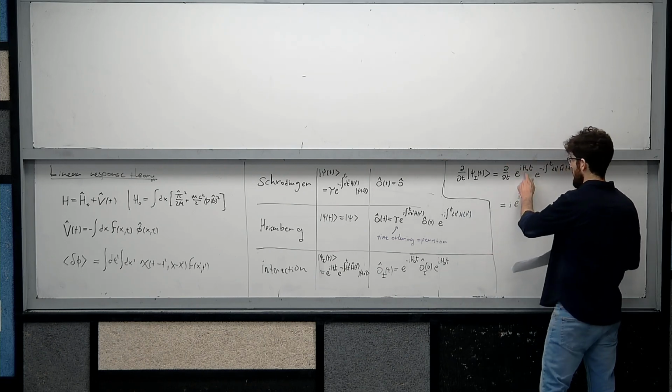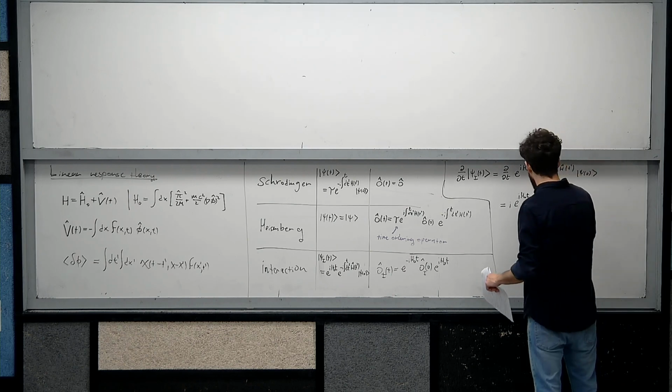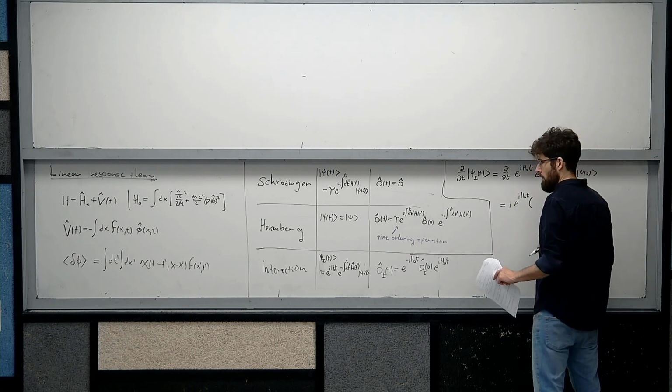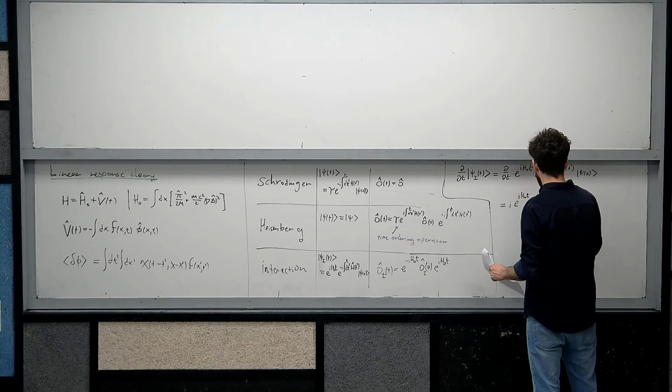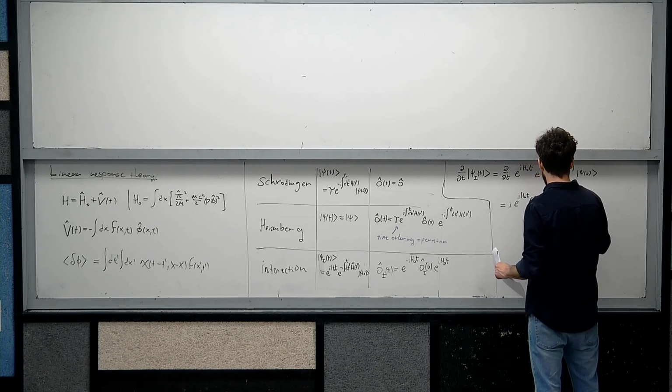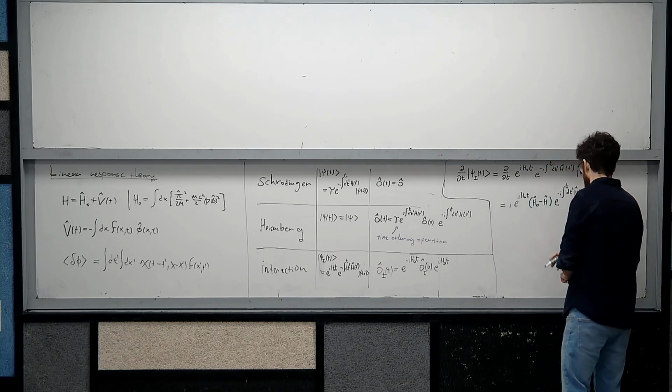So I assume that h naught commutes with itself. That's a reasonable assumption. Therefore, I can move h naught to the right instead of left, and then I have something like this. Okay.